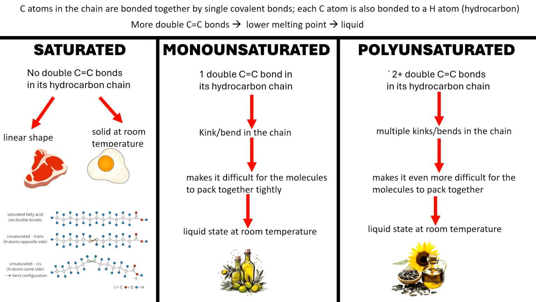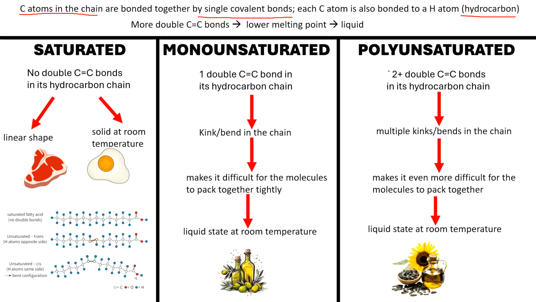Moving on to the three types of, listen up, fatty acid chains. So we know that these fatty acid chains are hydrocarbon chains. Now, the carbon atoms in these chains are bonded together by single covalent bonds. Each atom is also bonded to a hydrogen, as we know.